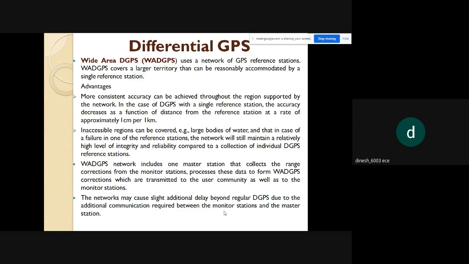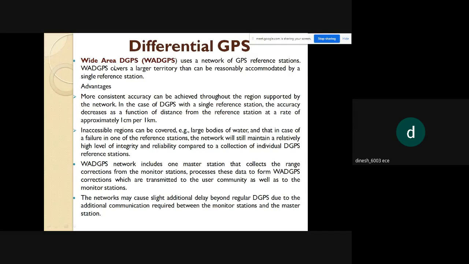The next advantage is that this network can have a single master station collecting range corrections, processing them, and giving them to the monitor stations. The master station is different from the monitor station. The master station does the controlling: it collects the ranges from the monitor stations, processes them, and sends them back to the monitor stations again.